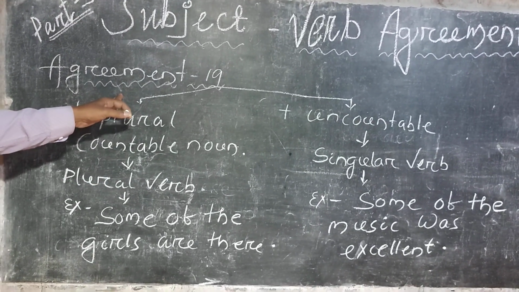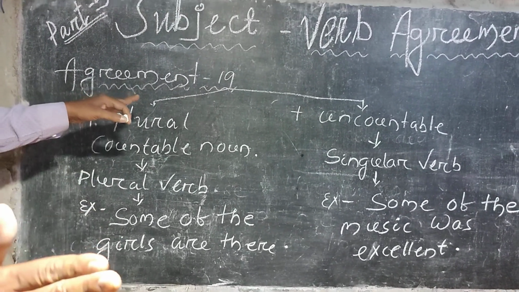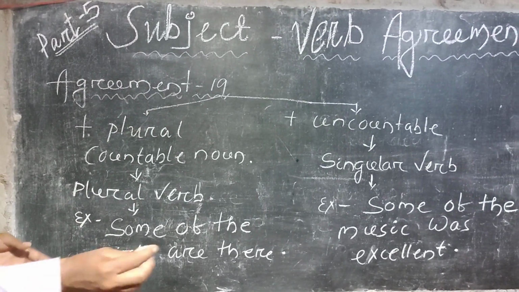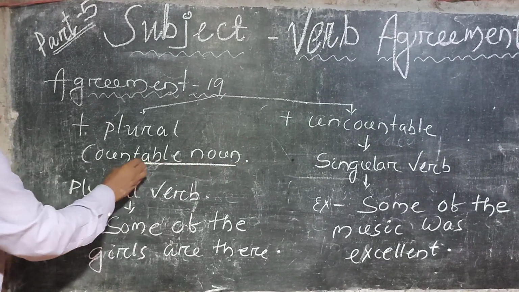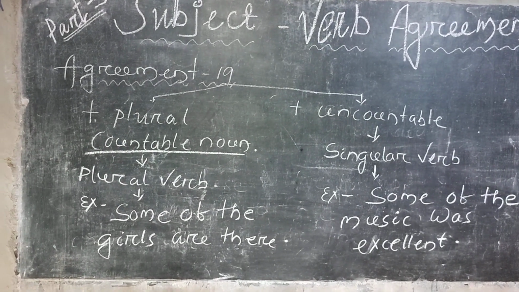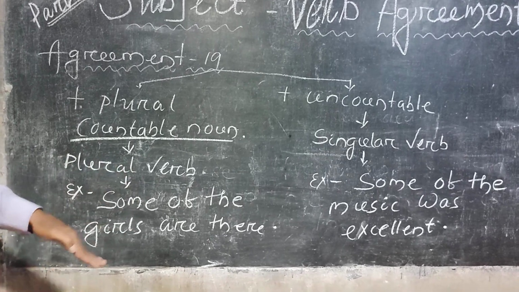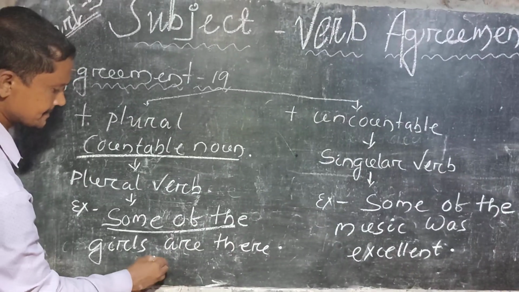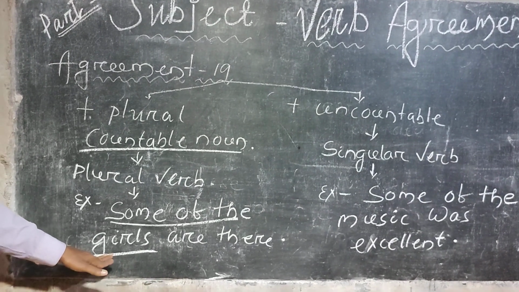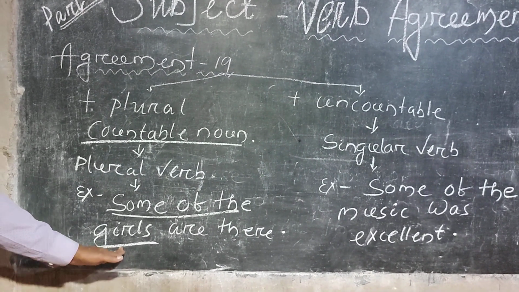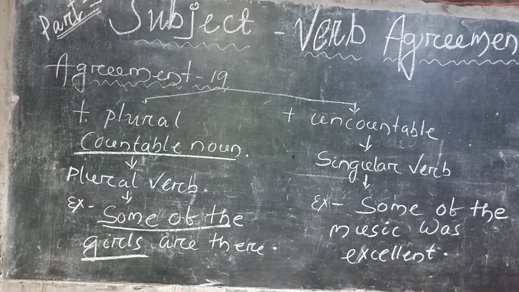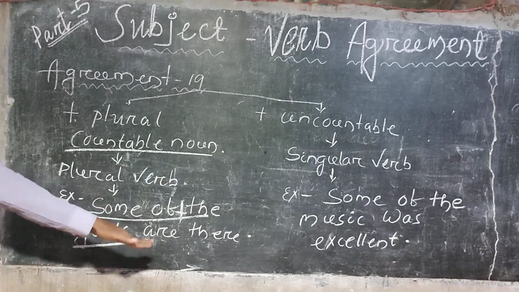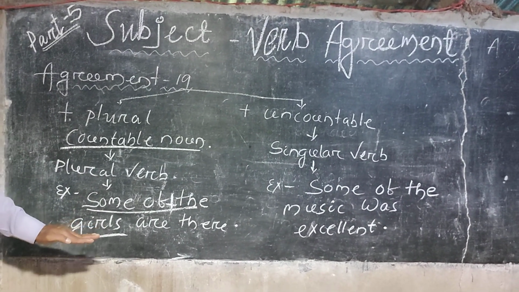Immediately after some of, plenty of, a great deal of, etc., if we find that plural countable nouns are used, we have to supply plural verbs. Example, some of the girls. Here you can see girls, it is a plural countable noun. So some of plus the girls, that is a plural countable noun.